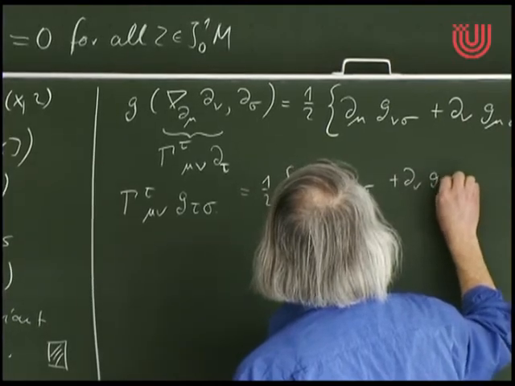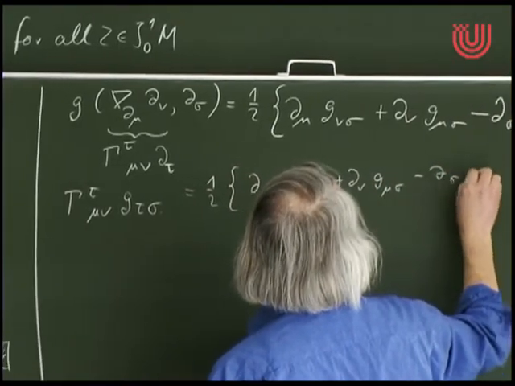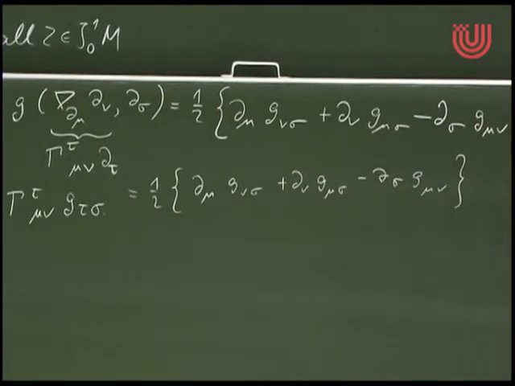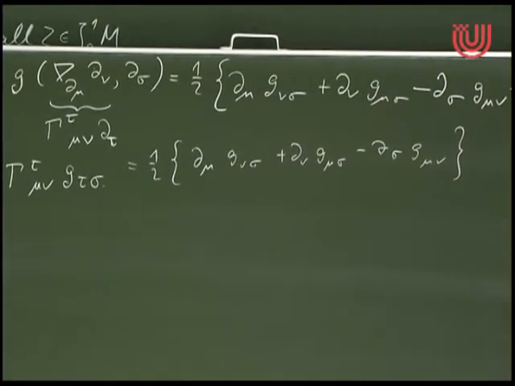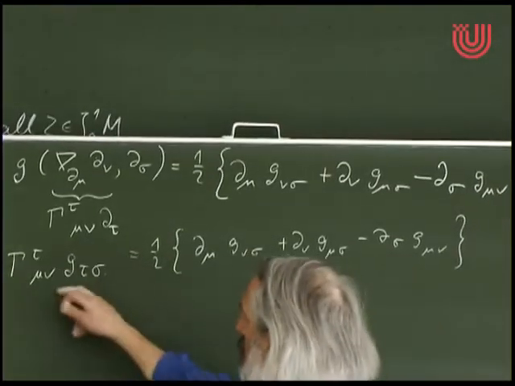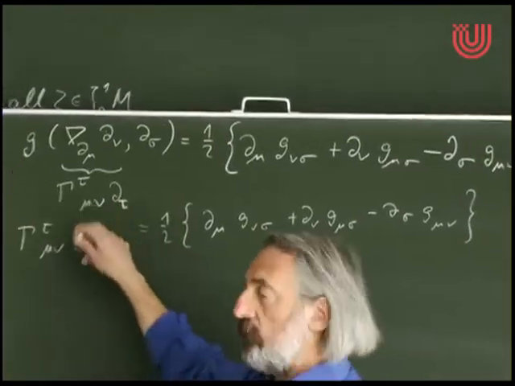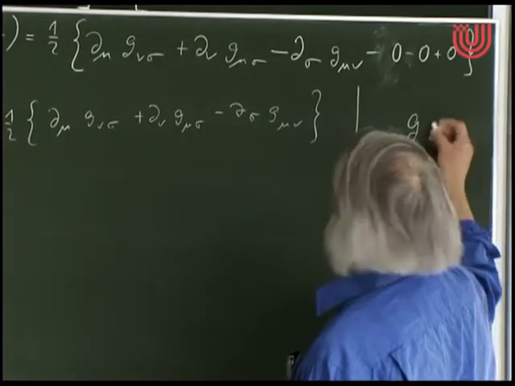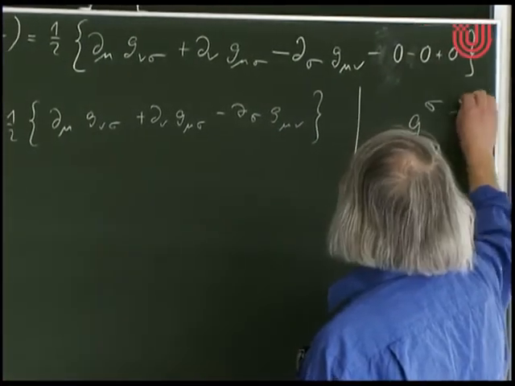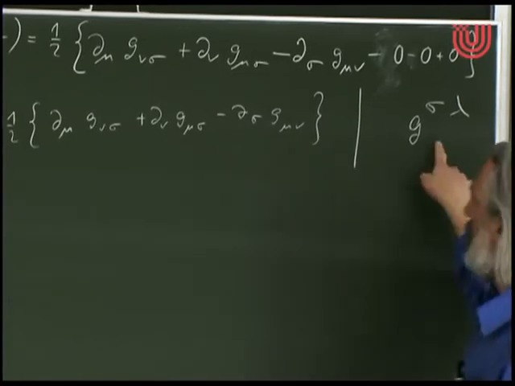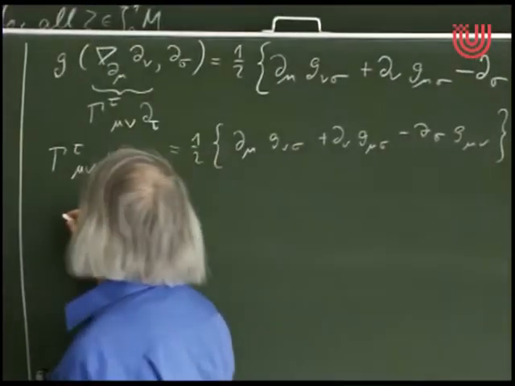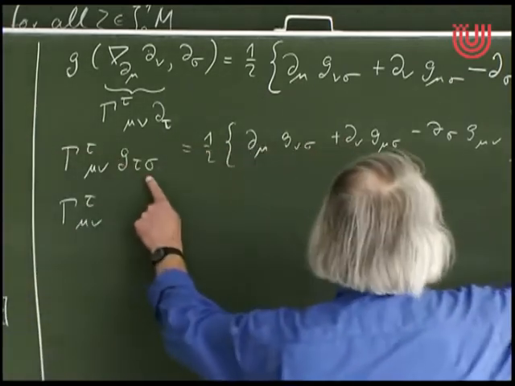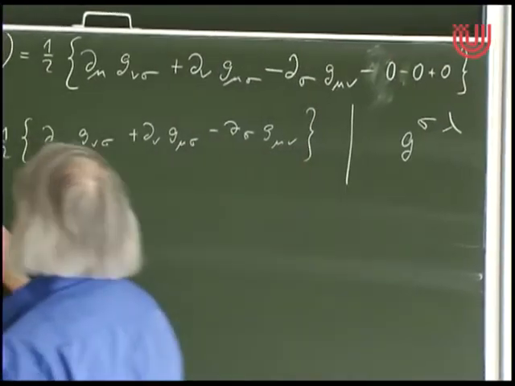Plus d nu, g mu sigma, d sigma, g mu nu. And this can be solved for the Christoffel symbols if I use the inverse of this here. So I need the inverse with an upper index sigma, right? And let's say lambda. Then I get a Kronecker here. So I get gamma tau mu nu. I get a Kronecker lambda tau.